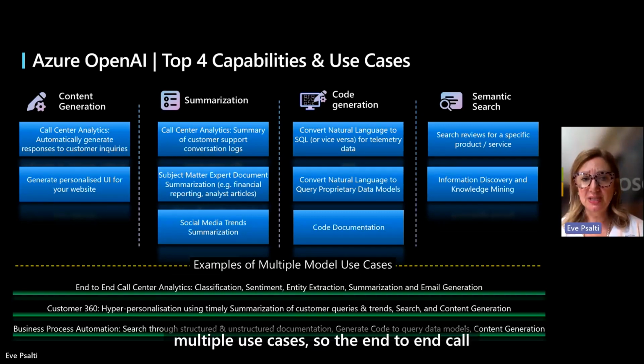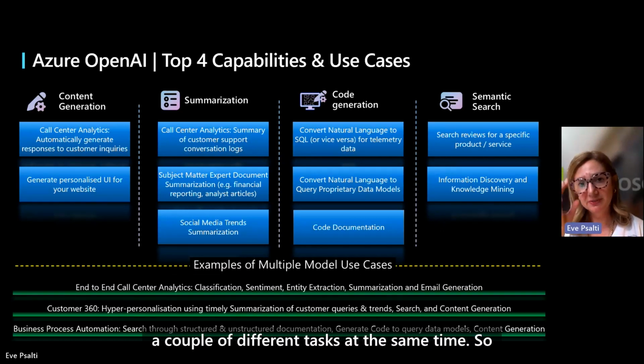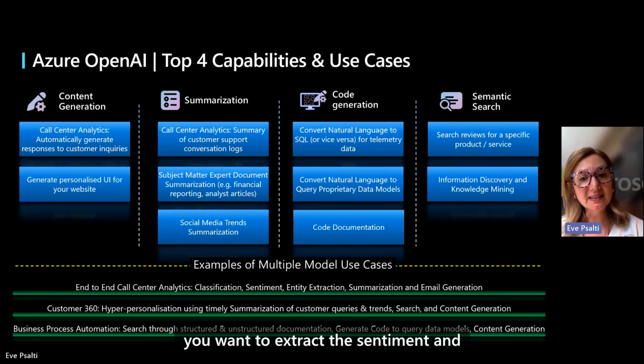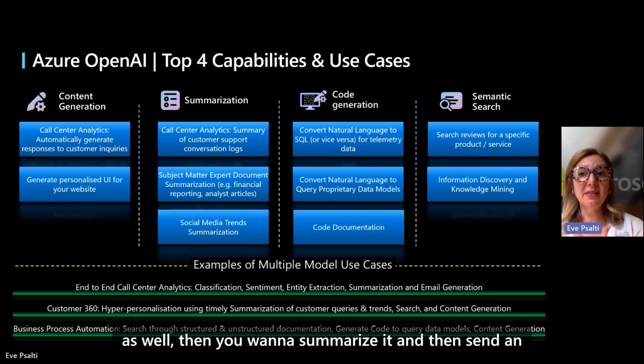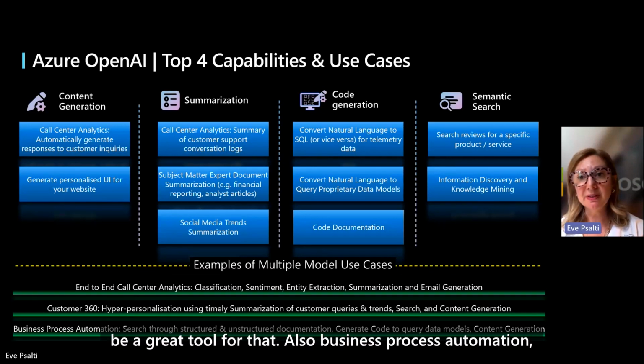But the interesting piece that we see is the multiple use cases. So the end-to-end call center analytics. This is where you need to do a couple of different tasks at the same time. So if you want to classify all these different logs, extract the sentiment, and also do the entity extraction, then summarize it and automatically send a personalized email, Azure OpenAI will be a great tool for that.